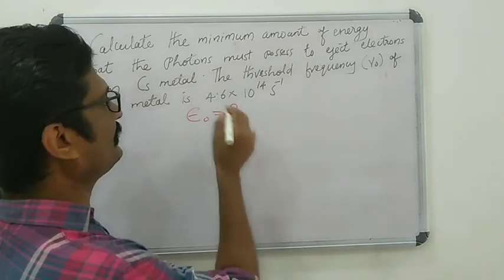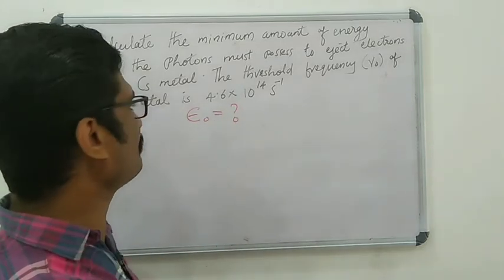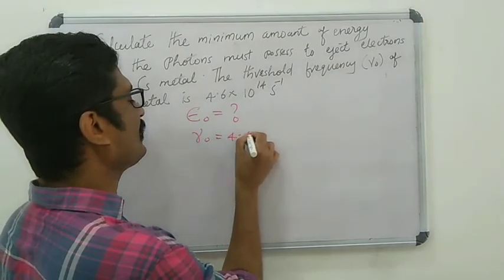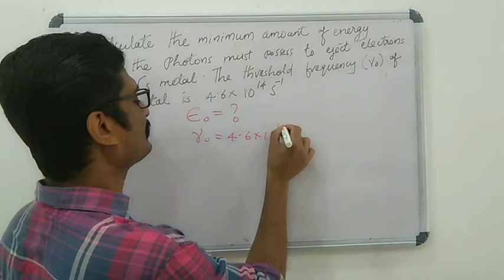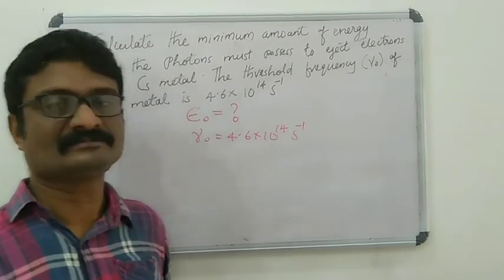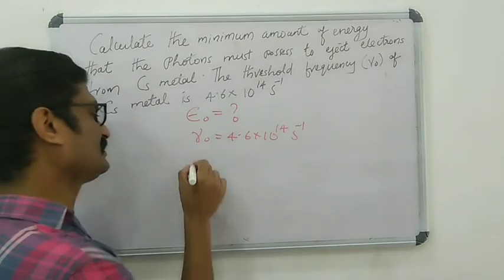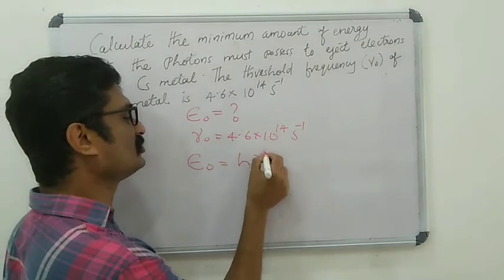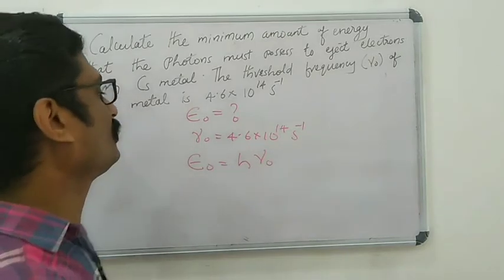Here the threshold frequency of cesium metal is given. The threshold frequency nu 0 is 4.6 into 10 raised to 14 second inverse. That means E0 equals h into nu 0.